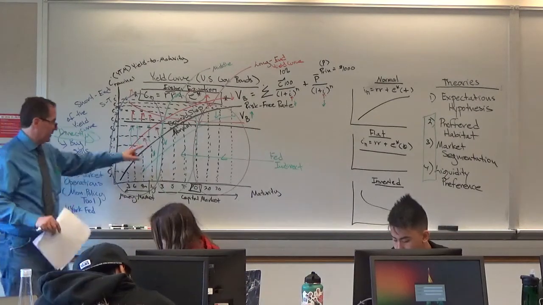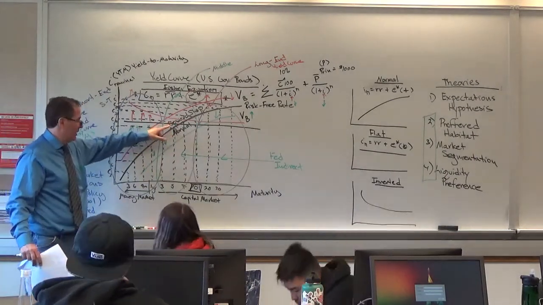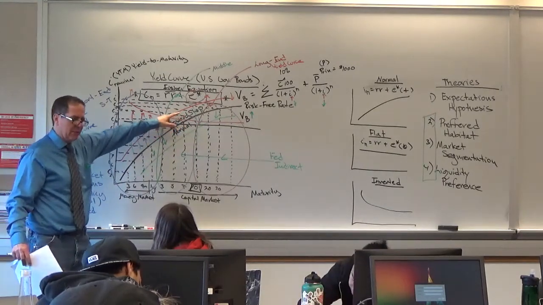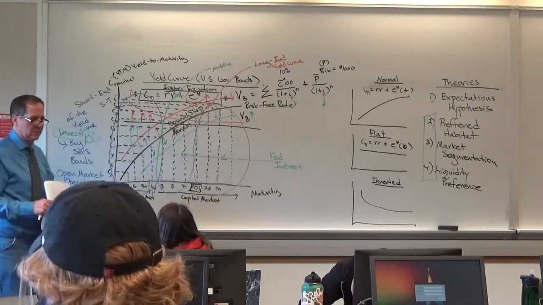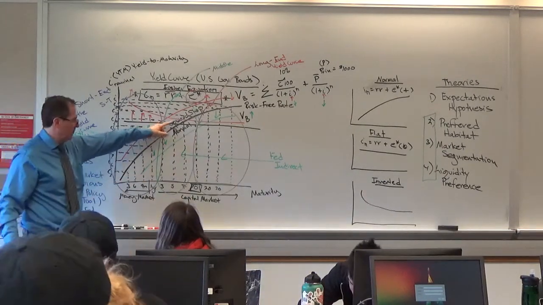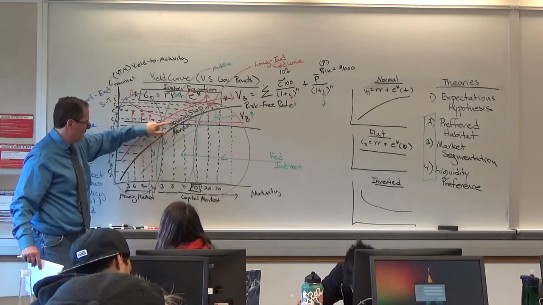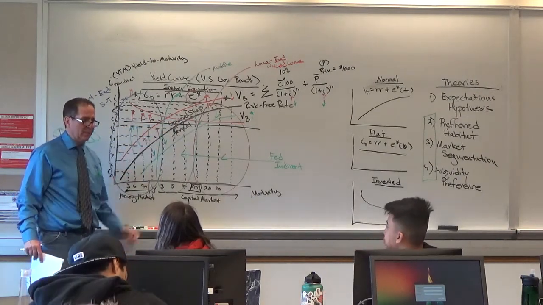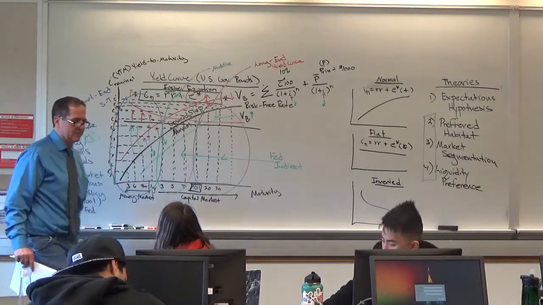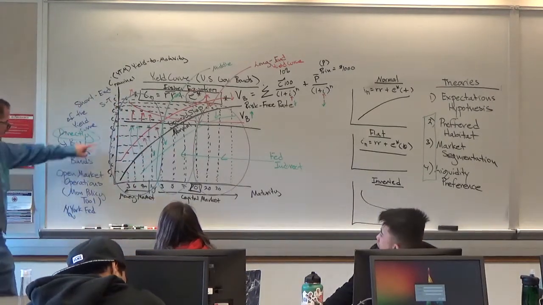And make sure you write in, right above this, upward slope and normal. This is normally an upward sloping yield curve, and it's a normal yield curve. What does it say next to the i? Right here.